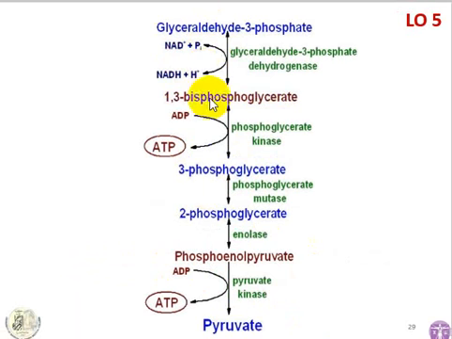In phase 2 of glycolysis, glyceraldehyde 3-phosphate is converted into 1,3-bisphosphoglycerate by the action of the enzyme glyceraldehyde 3-phosphate dehydrogenase.